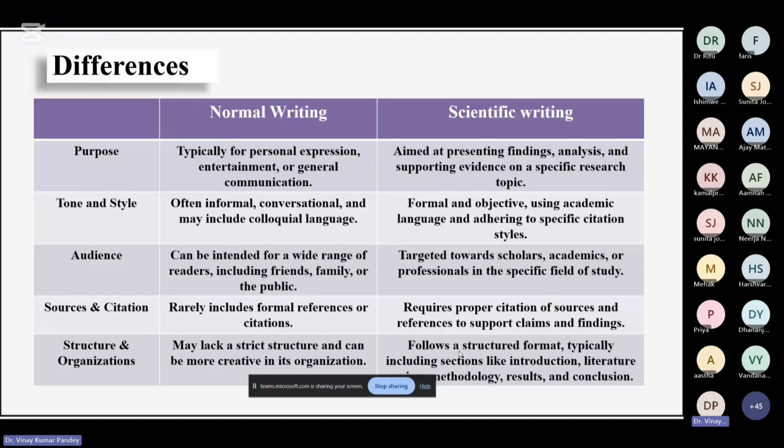Researchers target a different kind of audience, meaning your viewers, your readers, those for whom you are writing a paper, whom you are trying to convince about your research and telling them this is how we have done our research, this is how we started the journey, this is how we concluded, this is how we have given the references and citations.